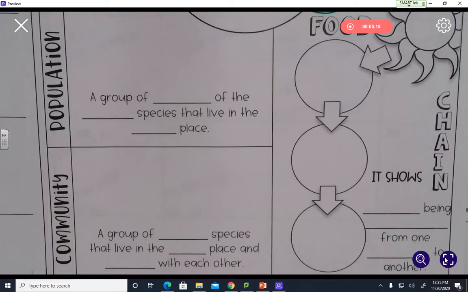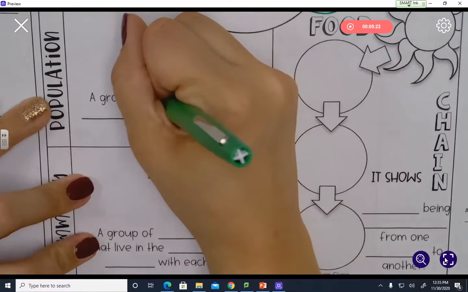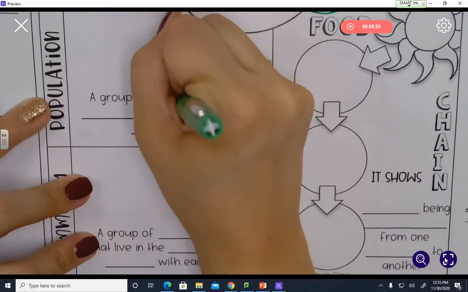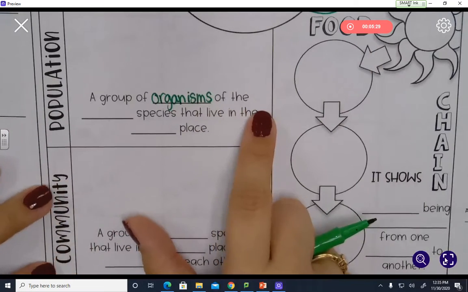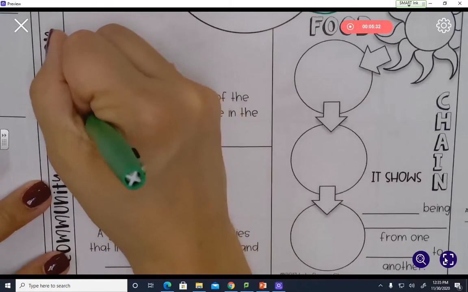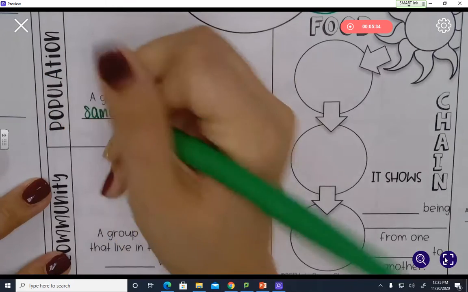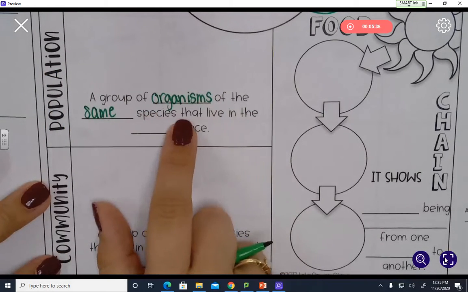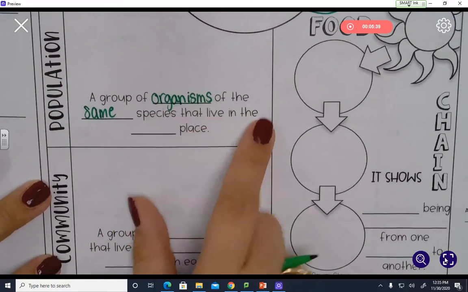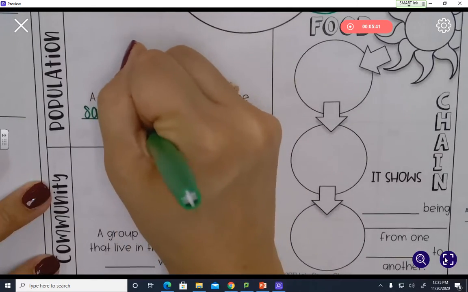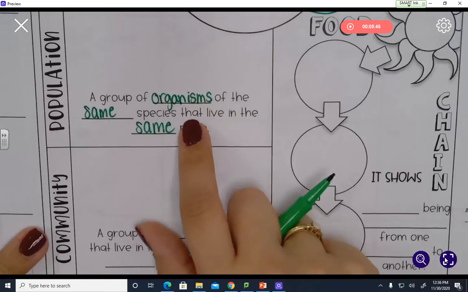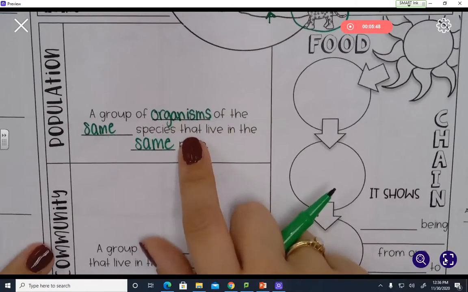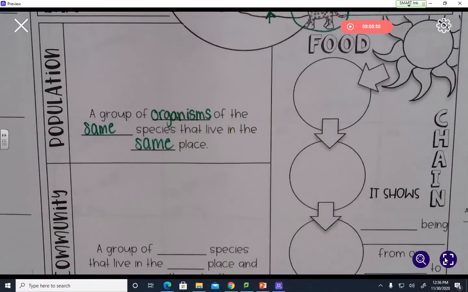A group of organisms of the same species that live in the same place. Okay, so this group of organisms, it's the same species that live in the same place.